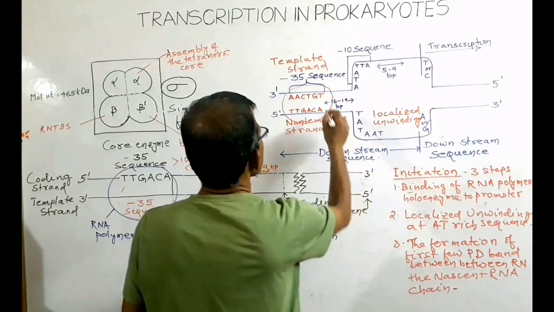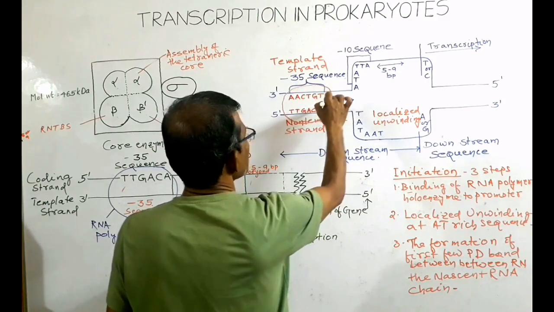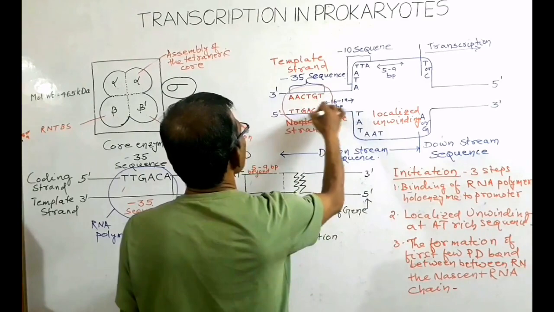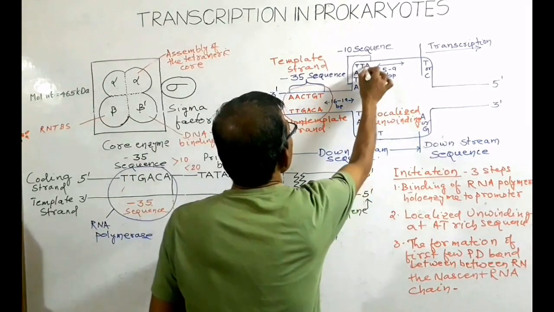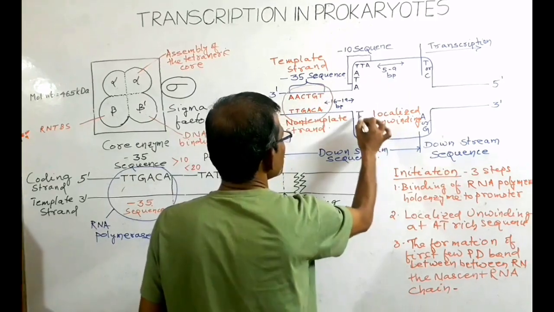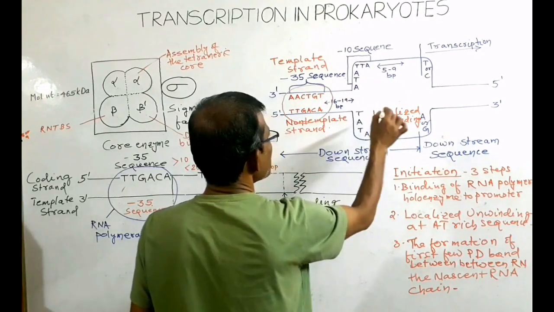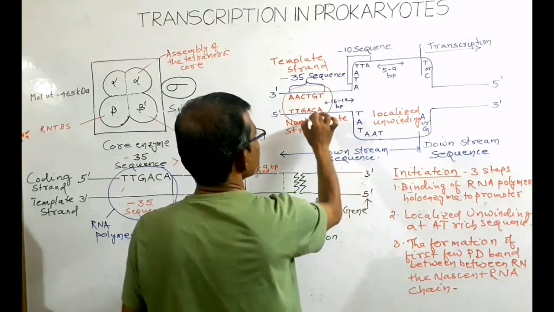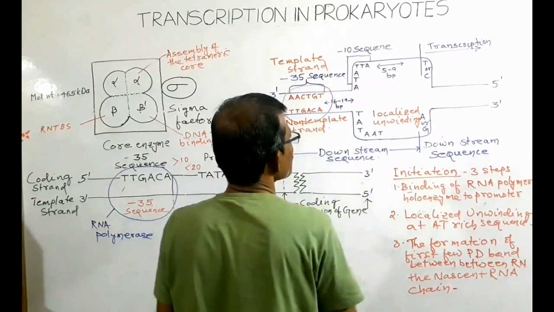In this illustration, this is the -35 sequence and the enzyme RNA polymerase binds with this -35 sequence, and this is the AT rich sequence. So the binding of RNA polymerase to this -35 sequence causes unwinding in this AT rich sequence.